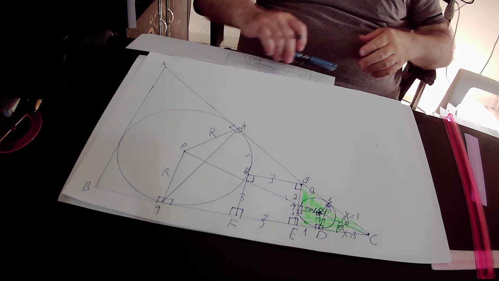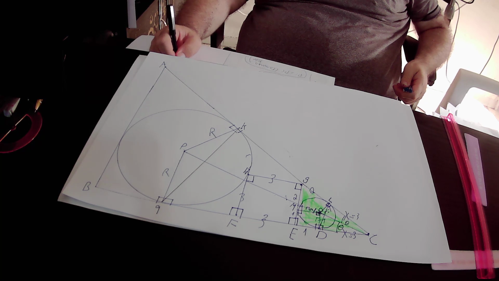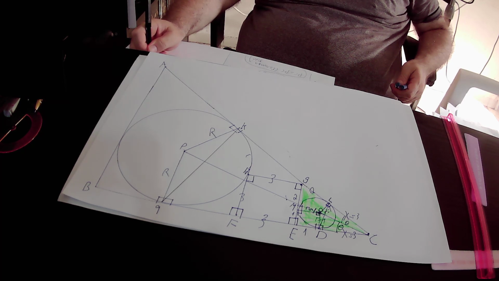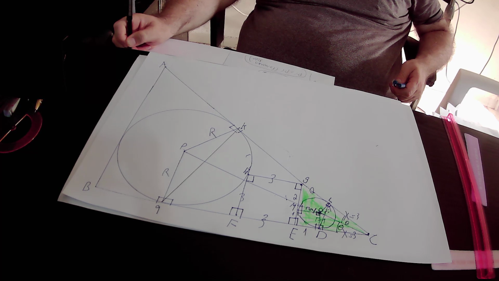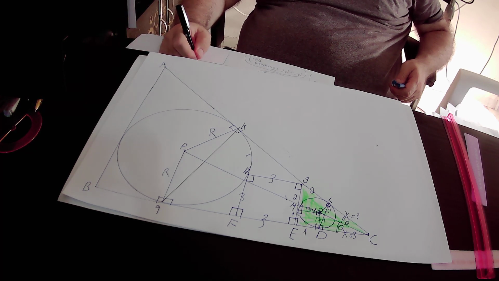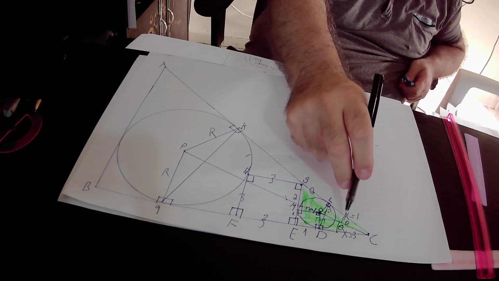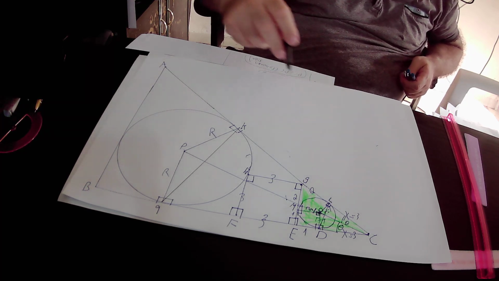So I write it down. PC is angle bisector of angle C. It bisects angle C into two halves. Each half equals theta.